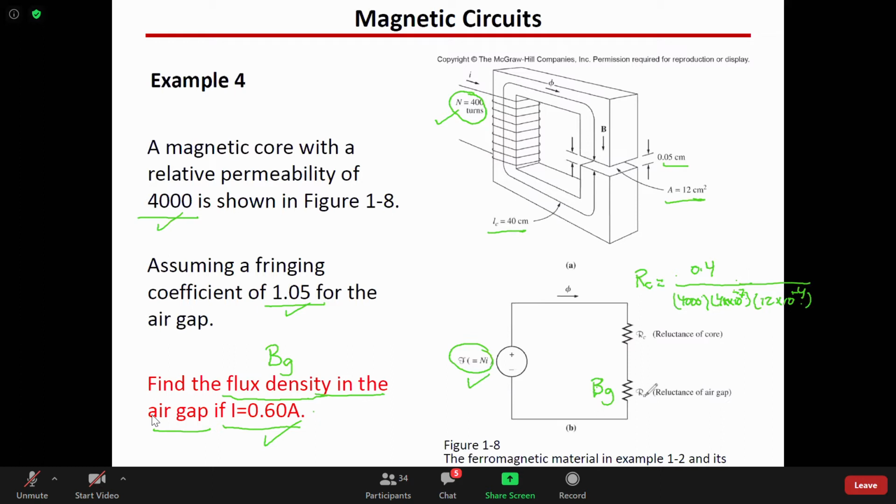Can we find R_G for the air gap, or R_A? Yes, similarly, it's 0.05, the length of the air gap, times 10 to the power minus 2, divided by 4 pi, 10 to the power minus 7, divided by A, which is again 12 centimeters squared.